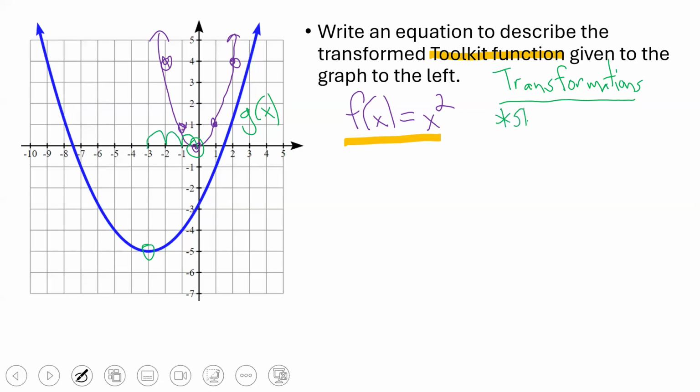So a shift of 3 units left. And then it also looks like it's been shifted down 1, 2, 3, 4, 5 units. So shift down 5 units.